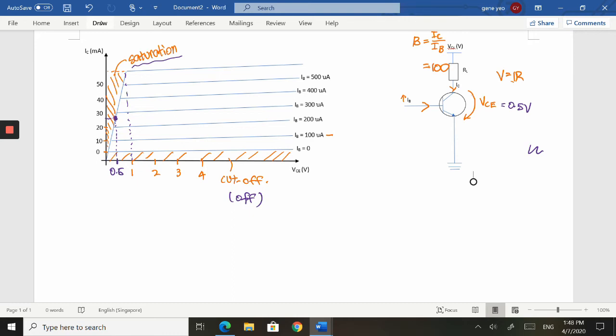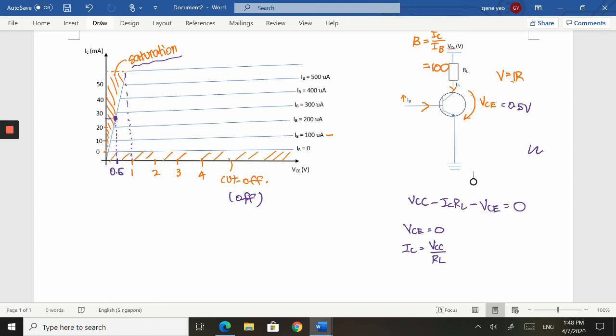I'm going to start off with VCC, and if I take away your IC RL, and I take away my VCE, by Kirchhoff's voltage law, this will give me 0 volts. So if my VCE is 0, my IC equals VCC over RL.